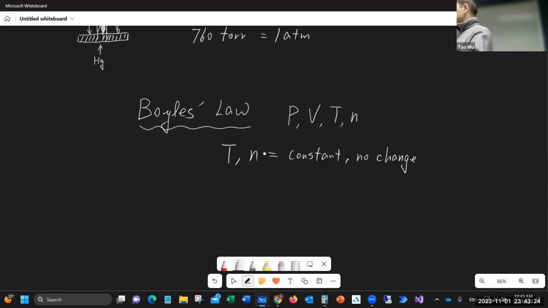Right now the condition is that temperature is constant. How do we keep the moles of gas constant? In what way can we keep the moles of gas constant? What do you think?